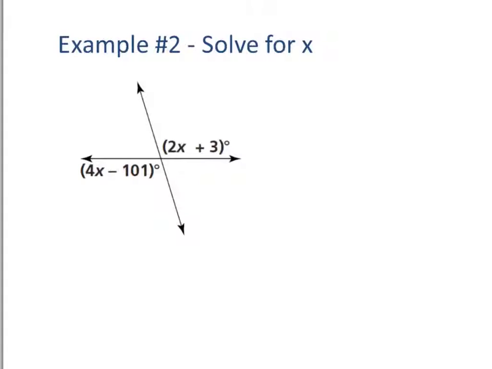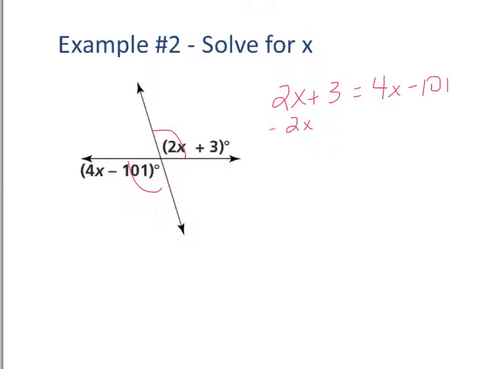Okay, here's a second example. Again, I have a pair of vertical angles. So 2x plus 3 equals 4x minus 101. To solve, I set them equal to each other. I have 2x plus 3 equals 4x minus 101. To solve that, I'm going to first move the 2x to the other side.